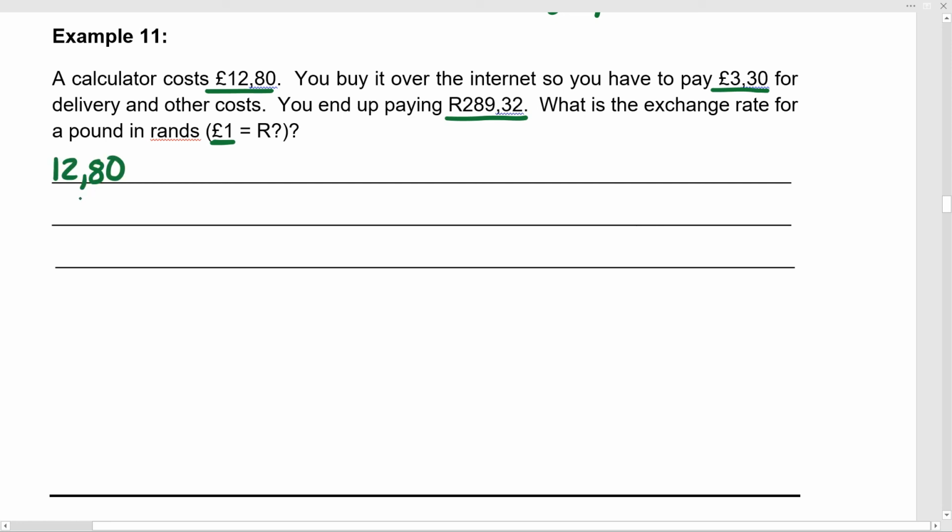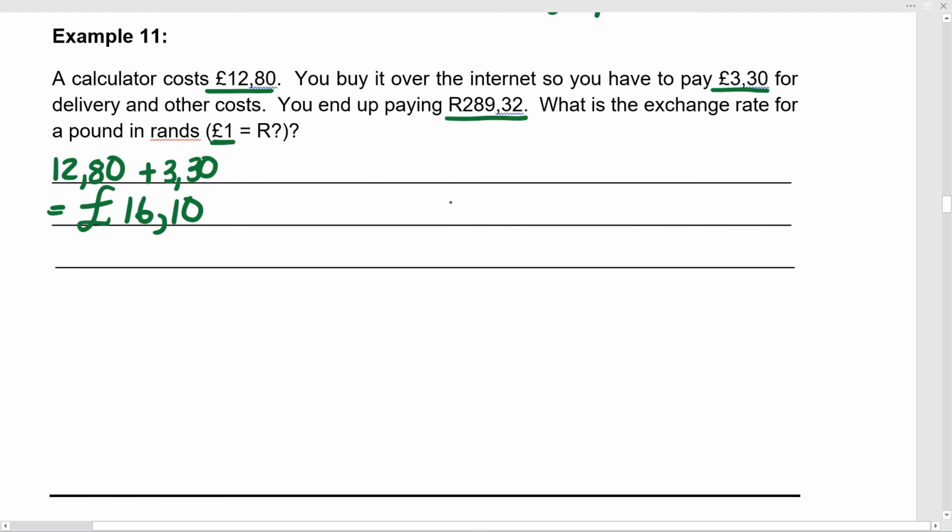Let's just start at the beginning. My £12.80 plus my £3.30, that is £16. Let me put the unit in, my £16.10. Okay, now what I want to know is I've got £16.10 and 289.32, and those are the same. They work the same.